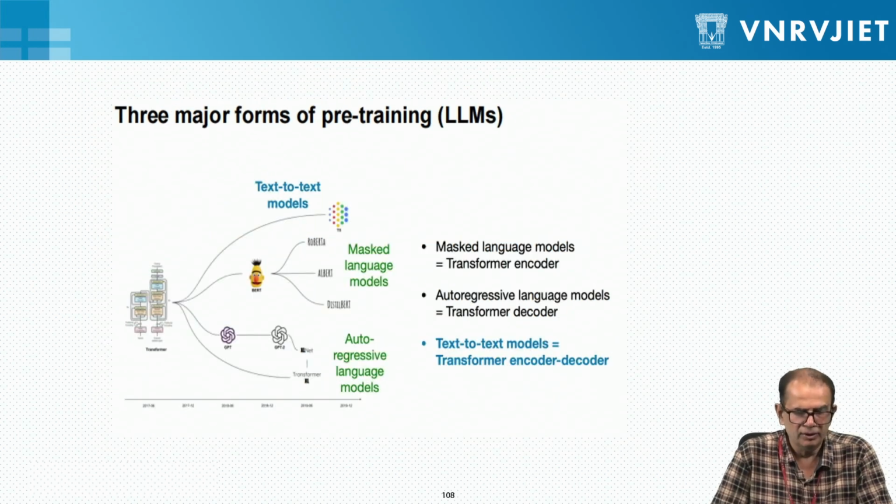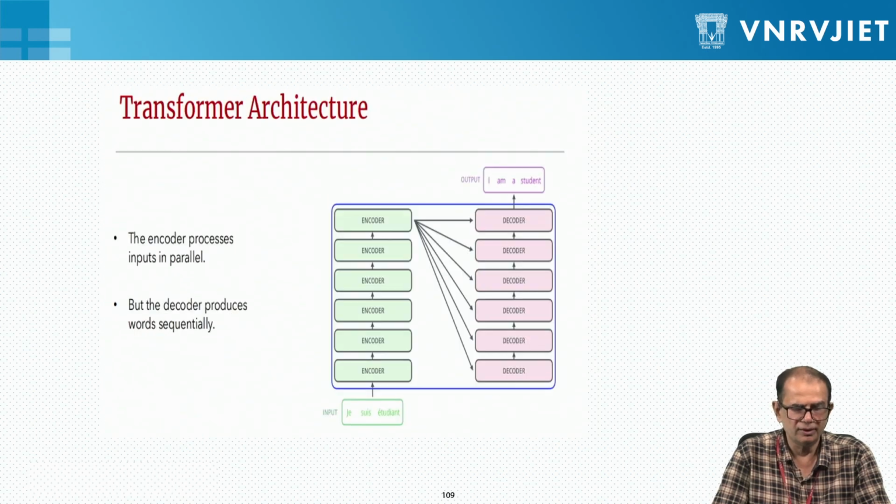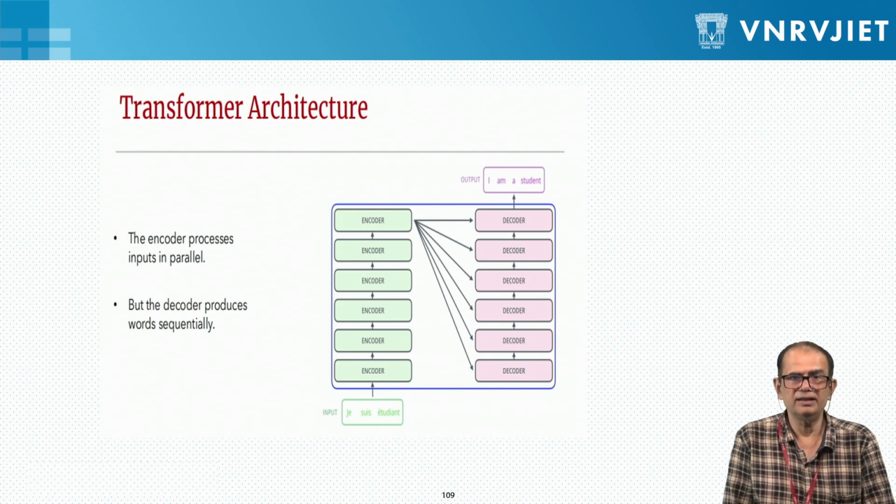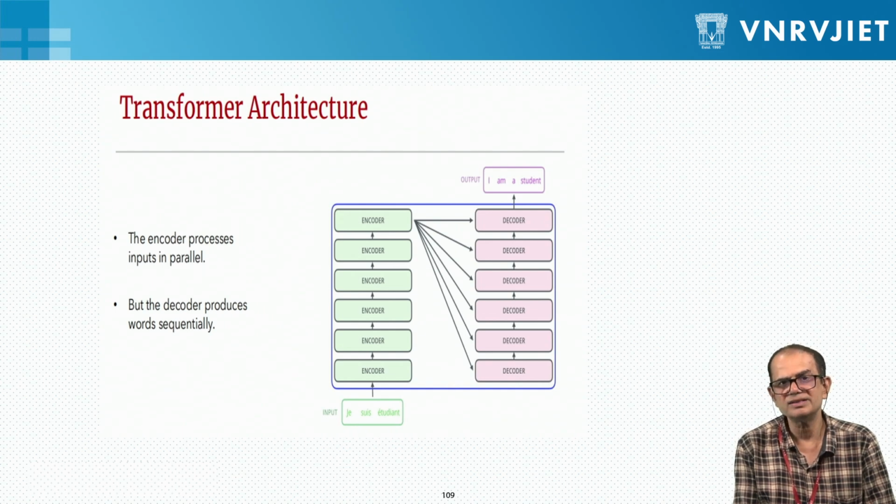Okay. Now, these are basically the elements that we need to use. We have talked about the transformer architecture, and as you can see in this diagram, in the transformer architecture we do the encoding first.